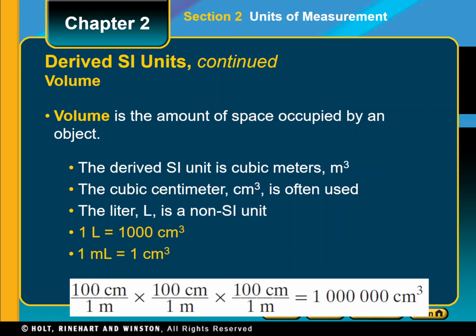Instead, a smaller unit, the cubic centimeter, or cm to the third power, is often used. There are 100 centimeters in a meter, so a cubic meter contains 1 million cubic centimeters, based on the calculation illustrated at the bottom of your screen here. 100 centimeters times 100 centimeters times 100 centimeters is 1 million cubic centimeters.